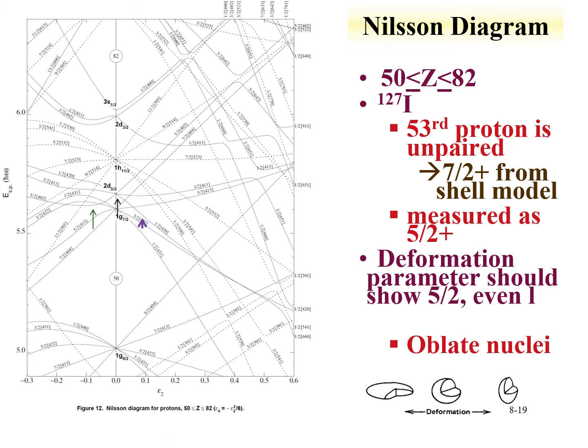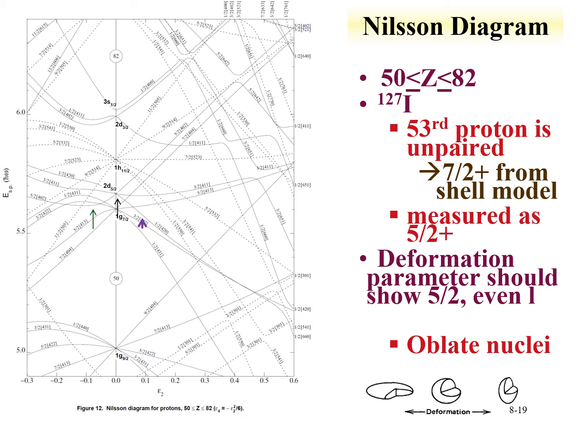If we go to where the nucleus could live, if it's a spherical nucleus, it would be in the 1g 7/2. If it's a prolate nucleus, so a positive deformation parameter, the orbital should be occupied as shown by the blue arrow, and that should be in a 3/2 orbital because it's 53.